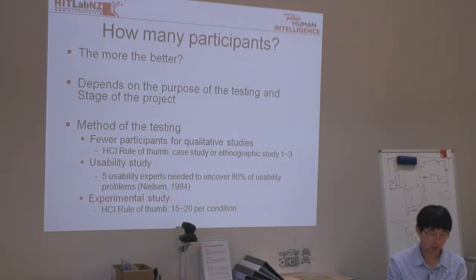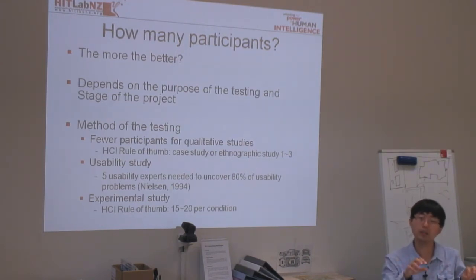In an experimental study, such as when you have different user interface designs and you want to compare them and have statistical results that lead to a conclusion about which user interface is better than which, it depends on your effect size, which is the difference between the observations.